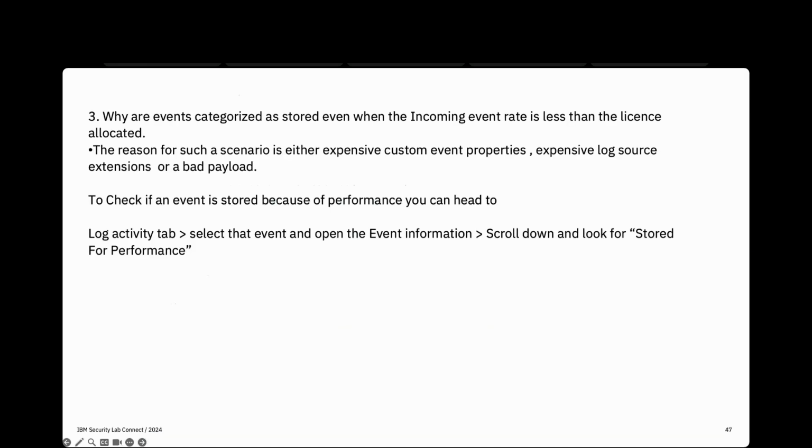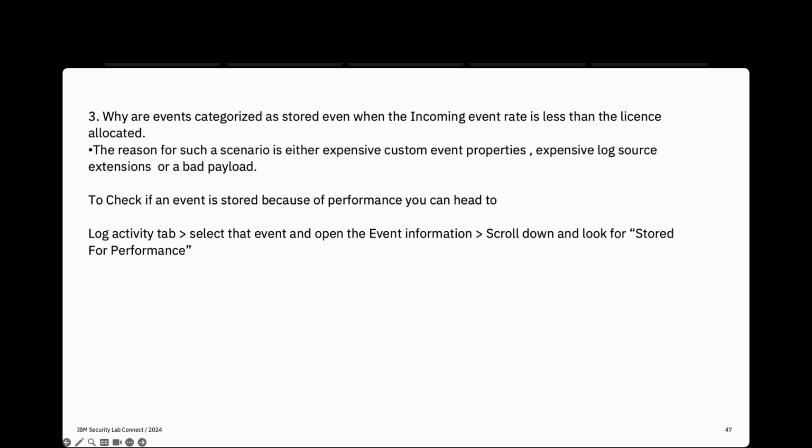As we now know about expensive CEPs, because of performance issues, most of the events can be categorized as stored. Now, how to check if an event is categorized as stored due to bad payload or performance issue? To check if an event is stored because of performance, you can head to the Log Activity tab, select that event and open the event information.